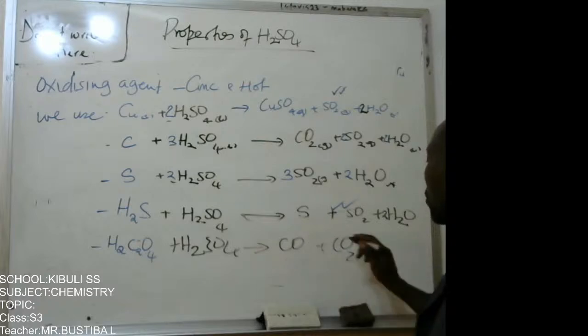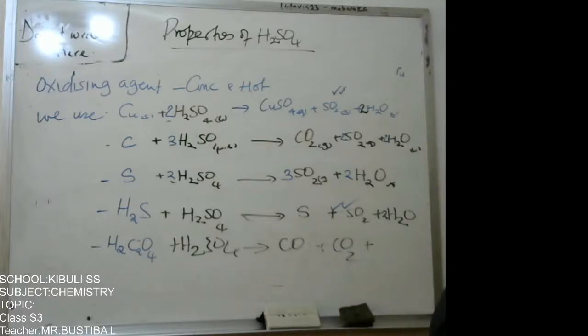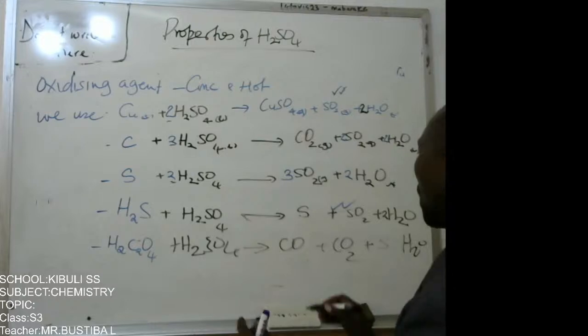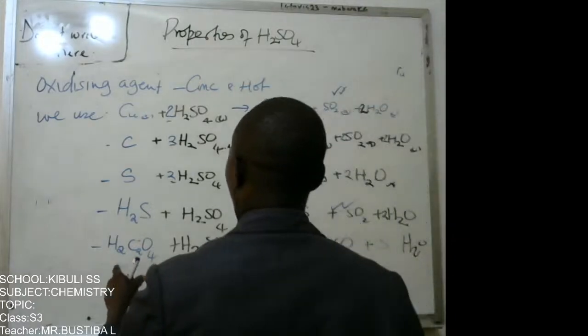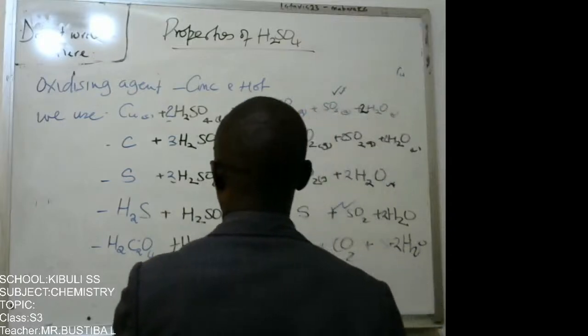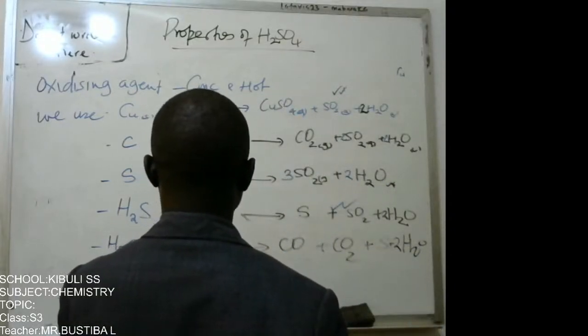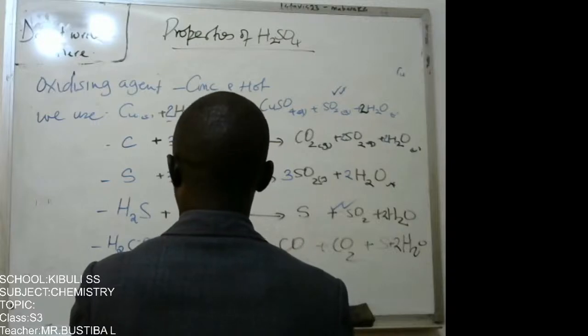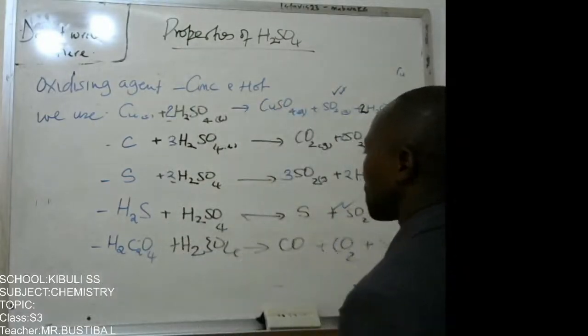Carbon dioxide, carbon monoxide. What are we expecting? We're expecting sulfur. What else do you expect? Maybe water in the system. So carbon works out. Hydrogens are 4, so I'll put a 2 here. If so, oxygens are 8. These are how many?